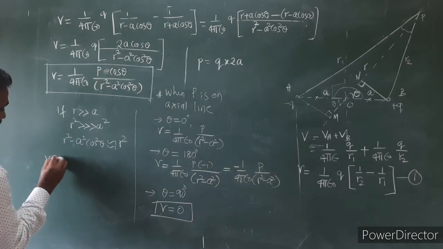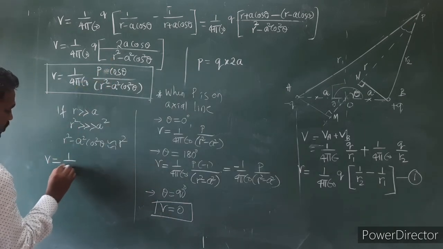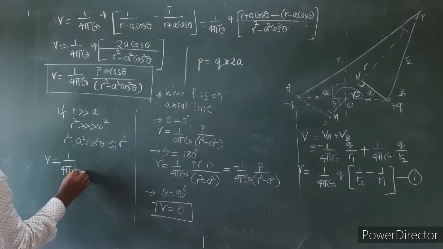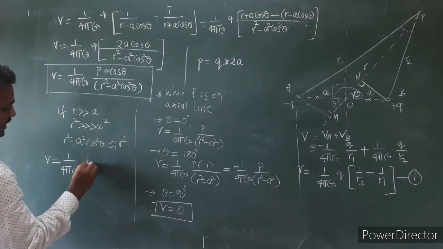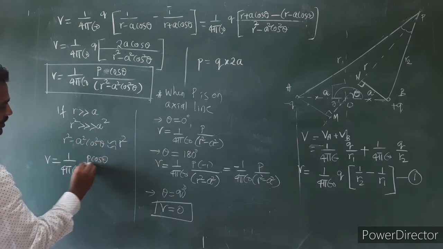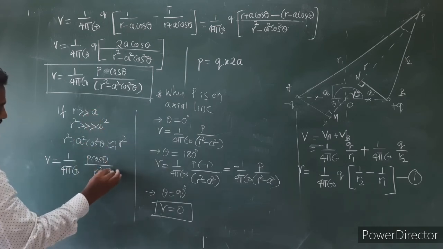I can write this general expression as V is equal to 1 by 4 pi epsilon naught, that is P cos theta divided by R square. Okay.